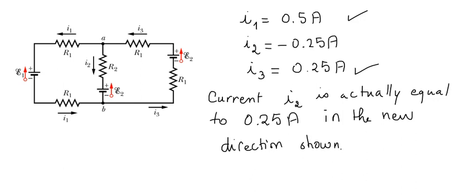The direction of I2 is not this one, the direction of I2 should be this way. That's the true direction for the current I2. And that's it. That's the way we solve this kind of problem.